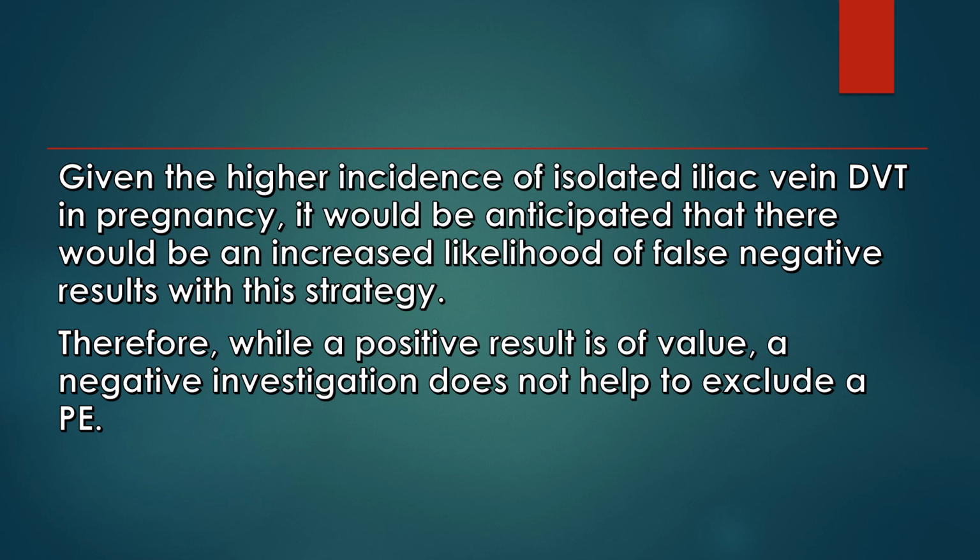Given the higher incidence of isolated iliac vein deep vein thrombosis in pregnancy, it would be anticipated that there would be an increased likelihood of false negative results with this strategy. Therefore, while a positive result is of value, a negative investigation does not help to exclude a pulmonary embolism.